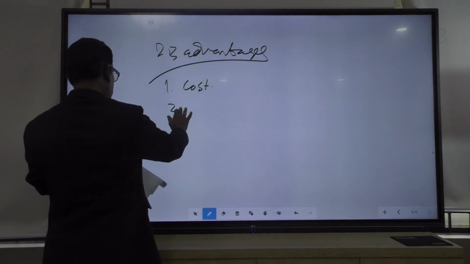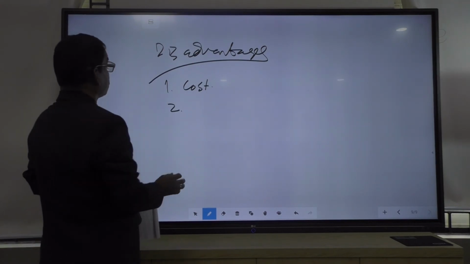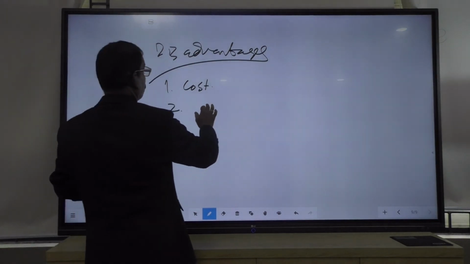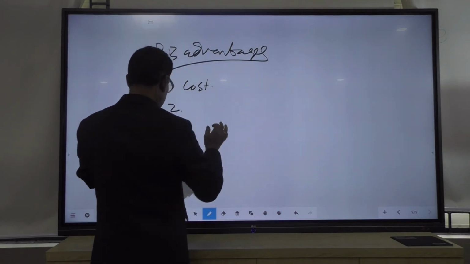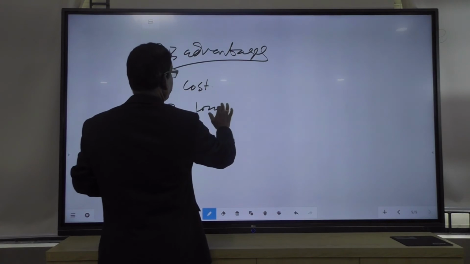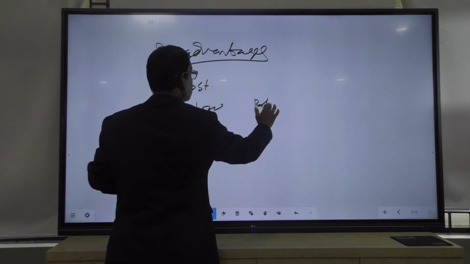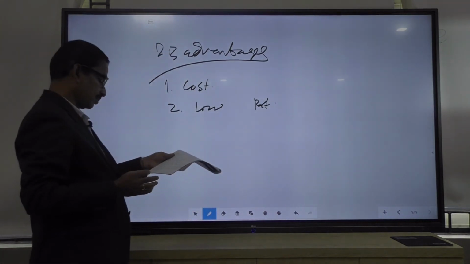Number 2, steam turbines are less efficient at part load operation. Part load means when the load decreases, the efficiency also reduces. Low efficiency in part load. Part load means when the load decreases.